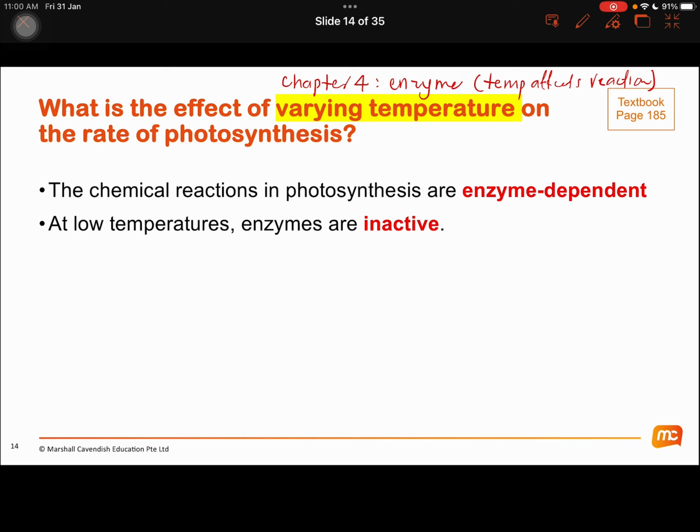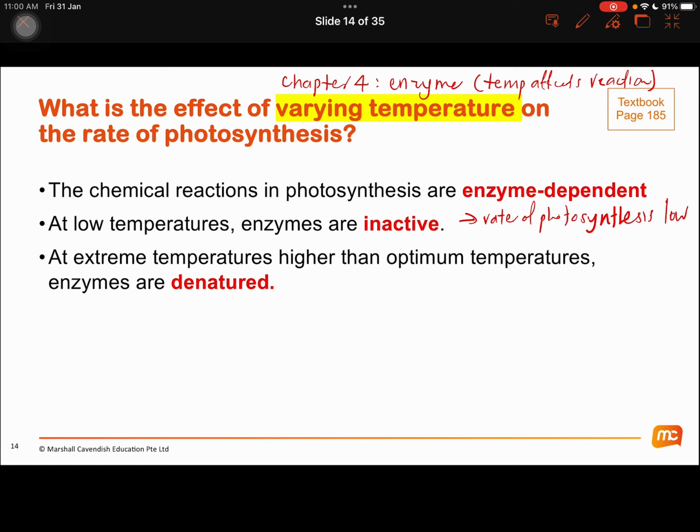At low temperature, as we discussed before, enzymes are inactive, so the rate of photosynthesis is low. But at higher temperature, enzymes are denatured, so no enzyme means no reaction.